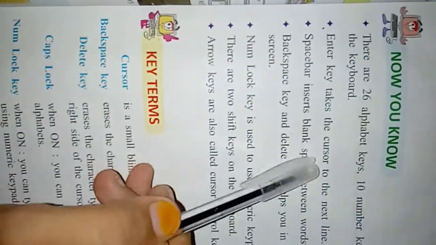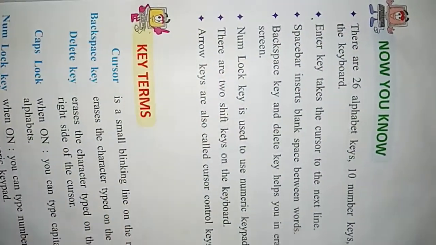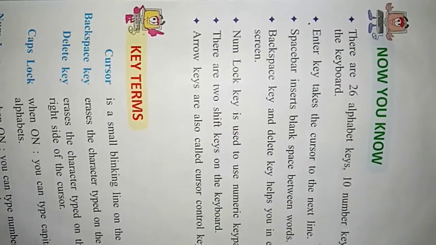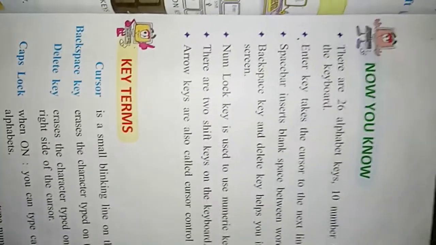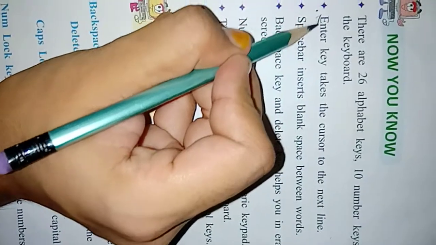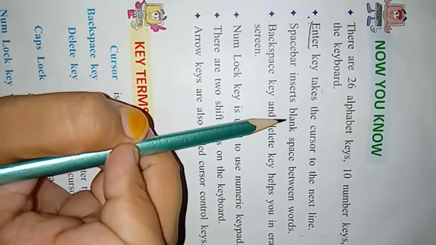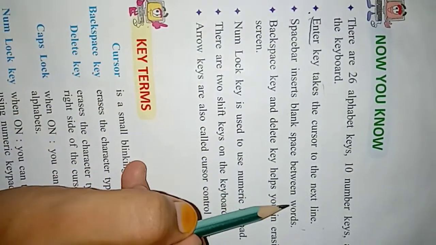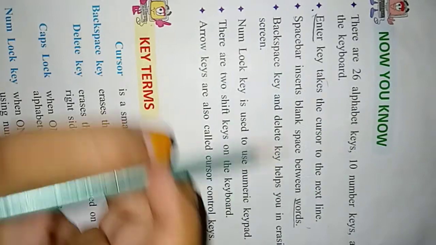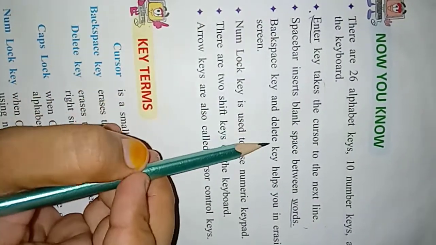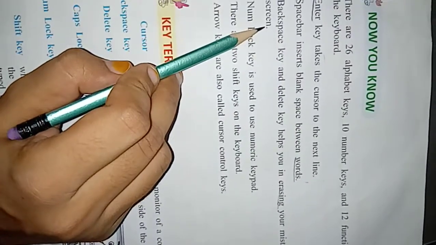Enter key takes the cursor to the next line. We will make the fill in the blanks or multiple choice like dash key takes the cursor to the next line: Enter key. Spacebar inserts blank space between dash words. Backspace key and delete key help you in dash your mistakes on the computer screen: erasing.